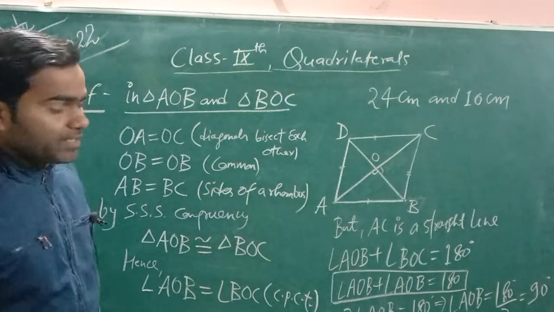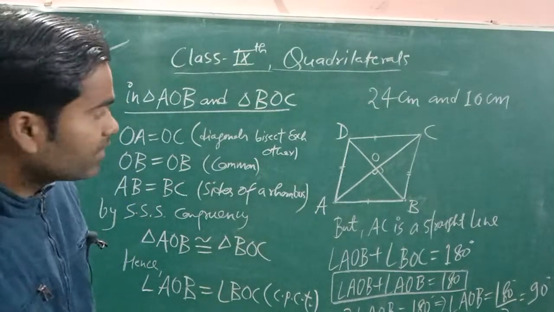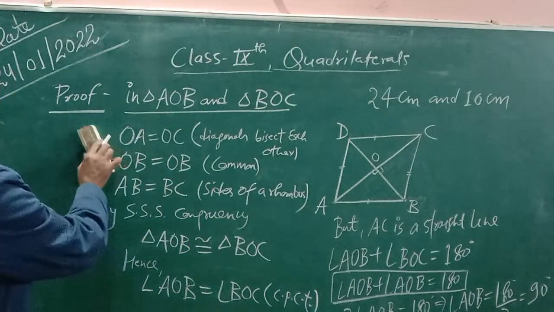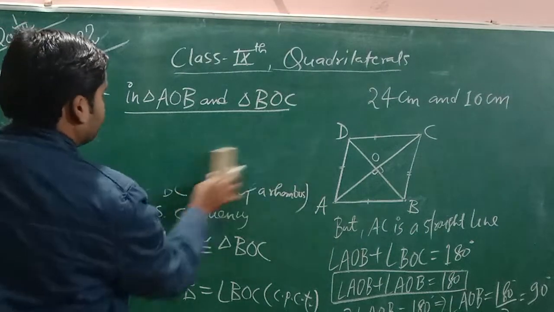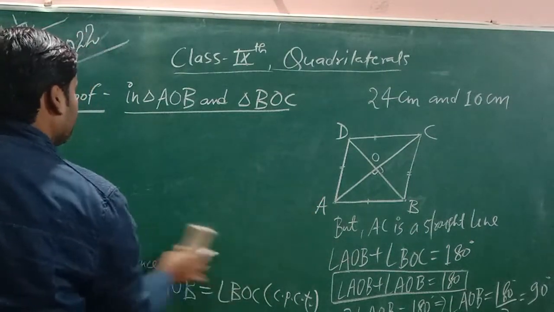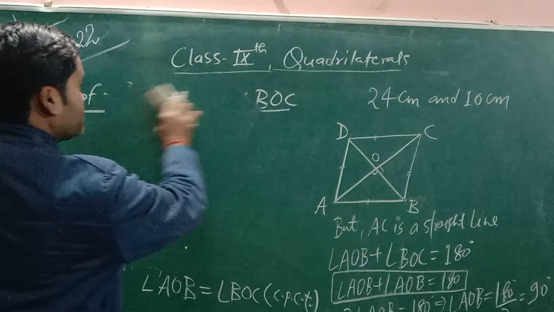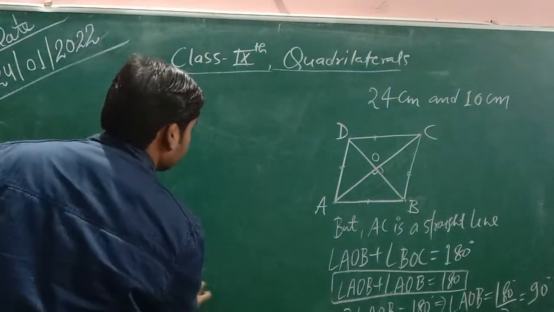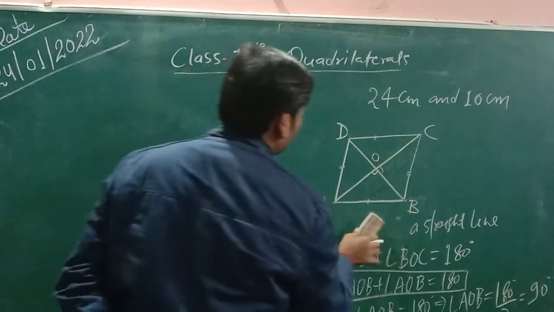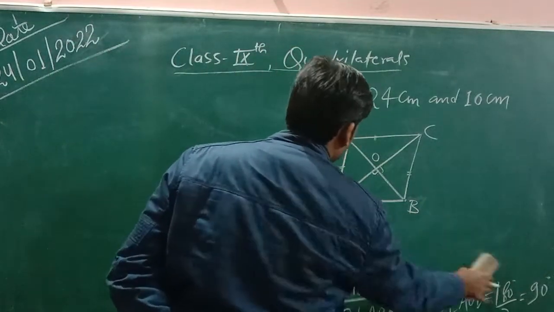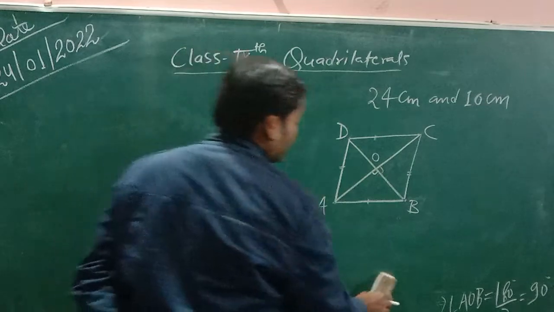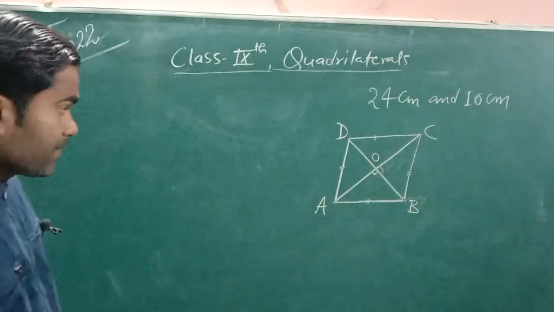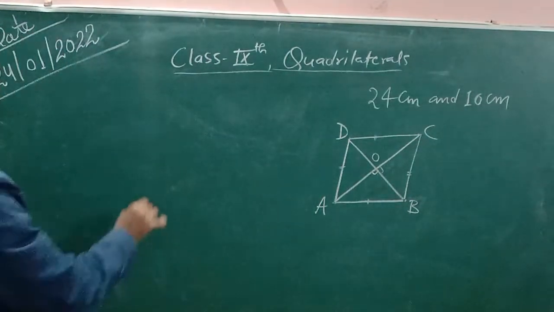So, students, area of rhombus is given by 1 upon 2 d1 and d2. The formula is direct. Area of rhombus is given by 1 upon 2 product of diagonals, or 1 upon 2 d1 into d2. So area is obviously 120 cm square.